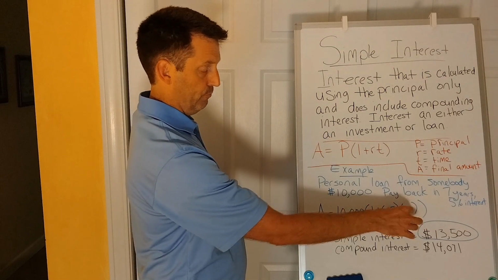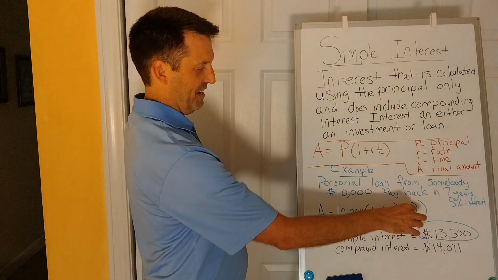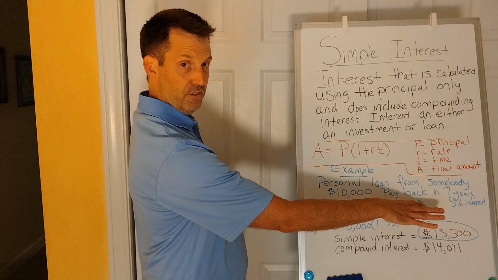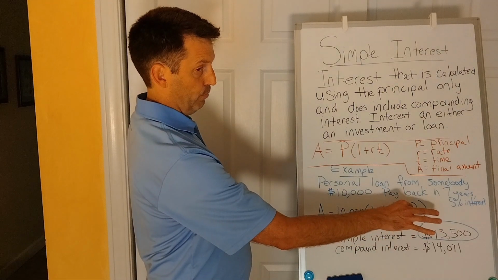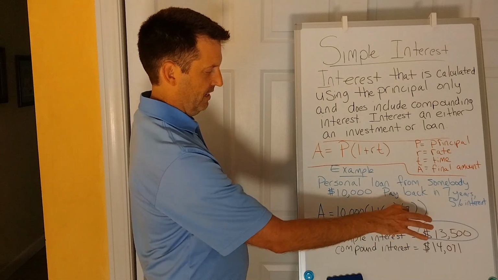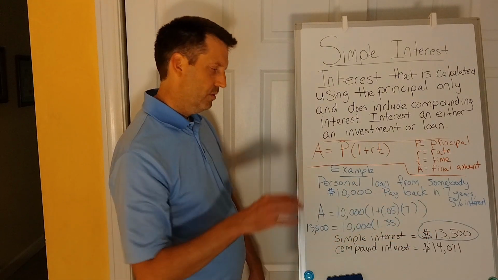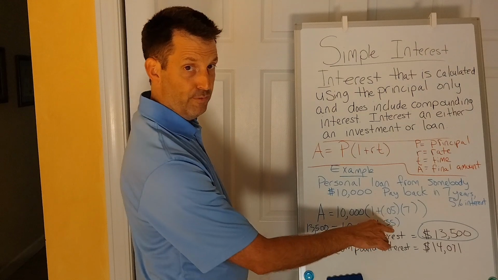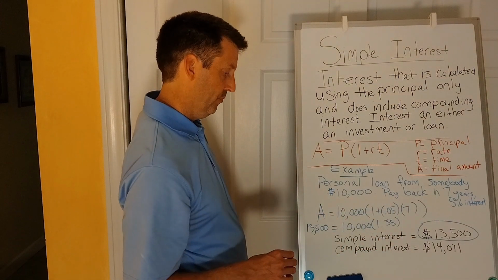We do order of operations like you might remember from math class. You start with parentheses, then multiplication before addition. So 7 times 0.05 is 0.35. And we add that to 1, so we have 1.35.